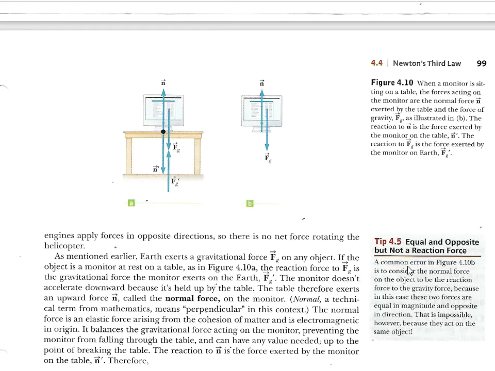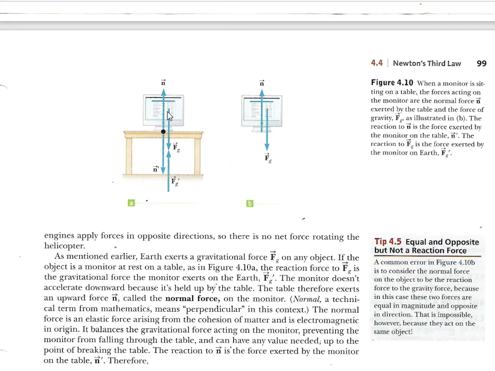So a common error in understanding Newton's third law is to look at this situation and think, oh, for the force of gravity, the normal force is equal and opposite. But those two forces are on the same object.